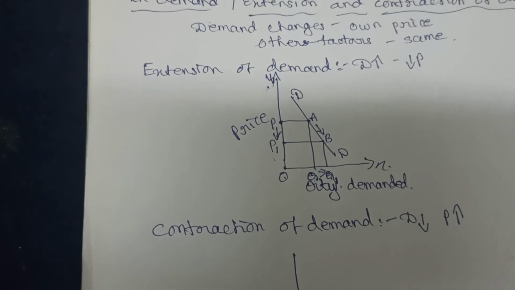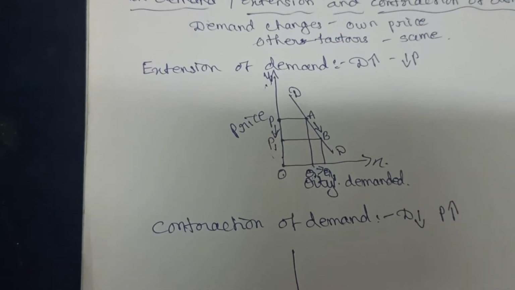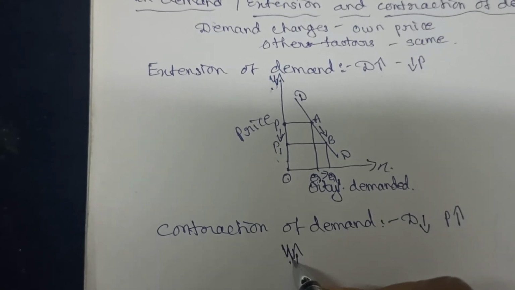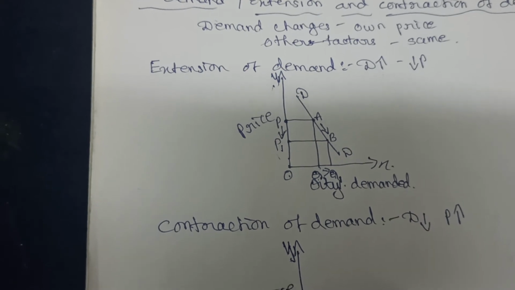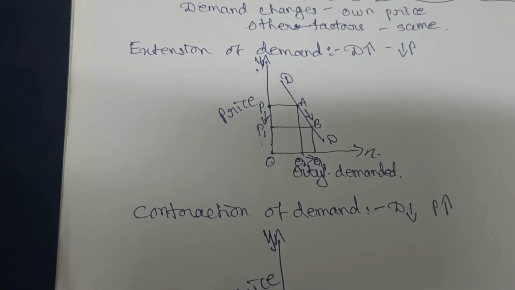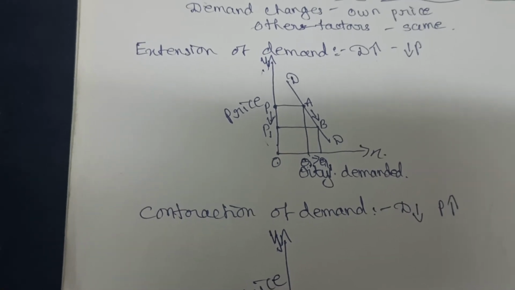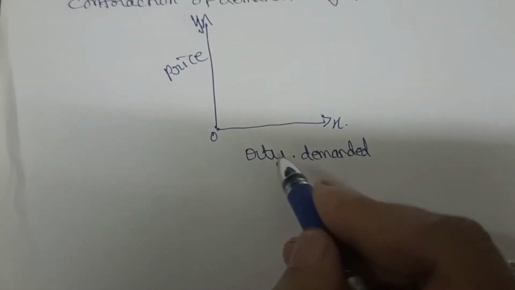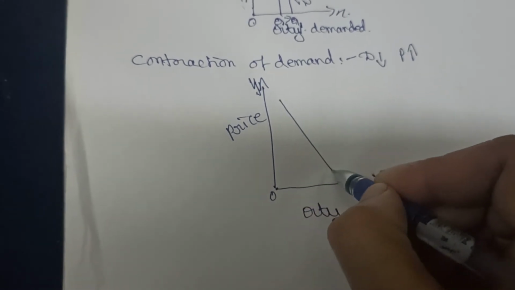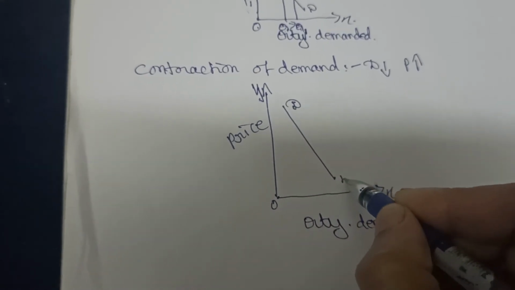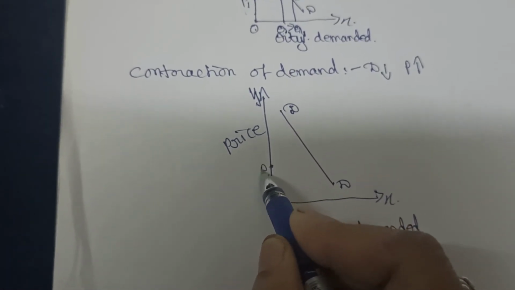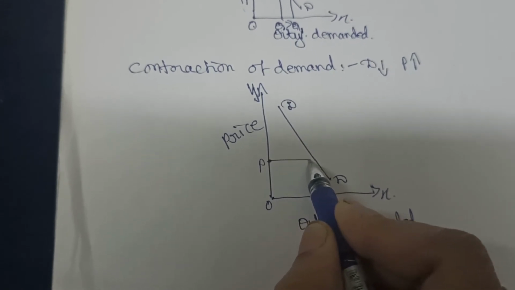First you have to mark the axes and label them. Price is shown on the y-axis, and quantity demanded is shown on the x-axis. Then you have to mark one demand curve. Mark it a little lower, because you have to show a rise in price. The price of the product is OP. What is the demand? Join it up to the demand curve.